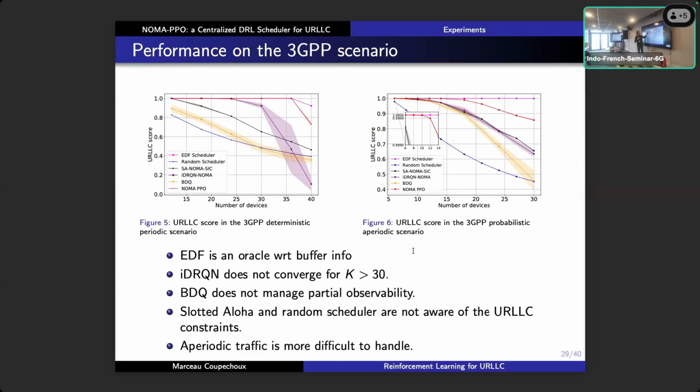And here we have the different benchmarks where we see that we beat them quite easily, for the various reasons I have said before: IDRQN does not converge after a certain number of devices, BDQ cannot manage the partial observability, Slotted ALOHA is not even aware of the URLLC constraints, and so on and so forth.